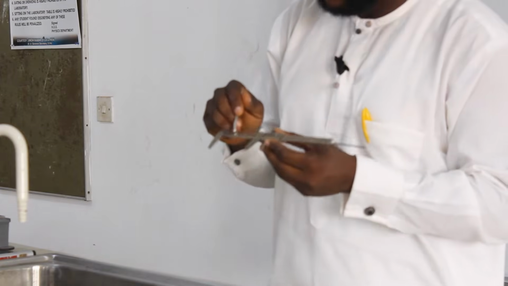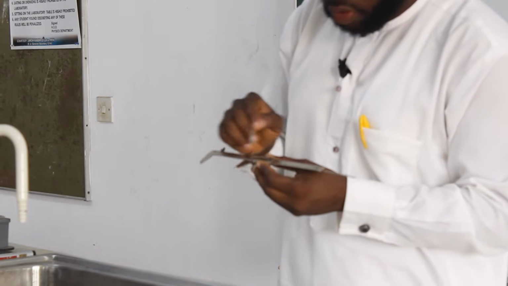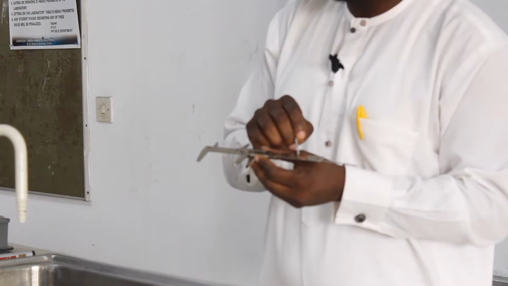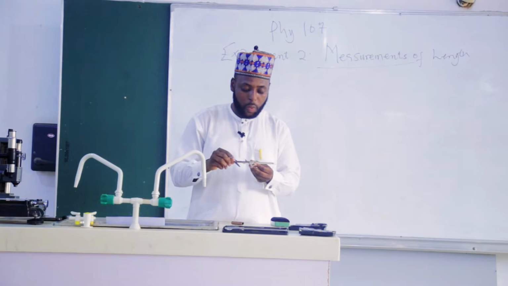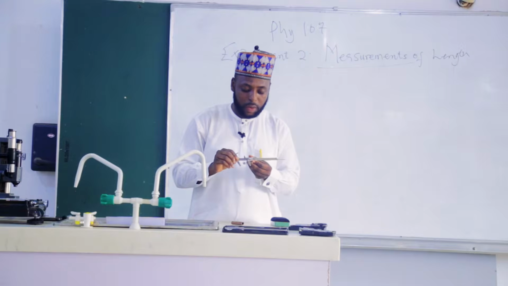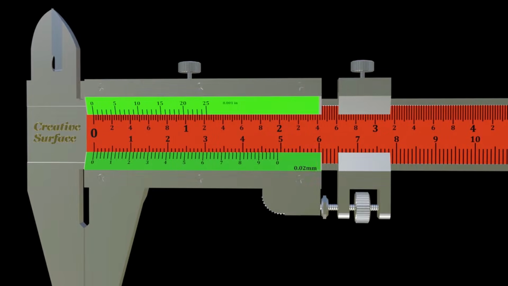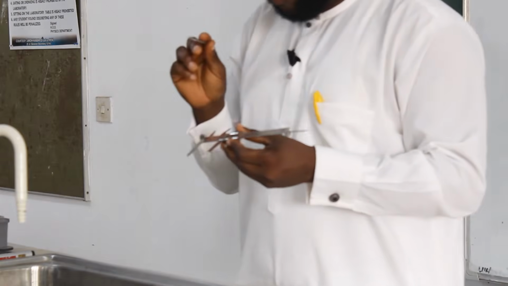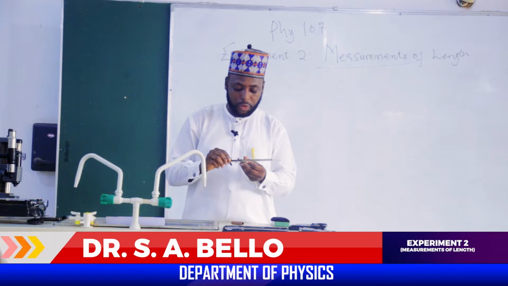So you have it on this instrument, for example, between the value of 0 to 12 centimeter. That is the main scale. And on the main scale, we have a movable scale that moves along the main scale, which is called the vernier scale.